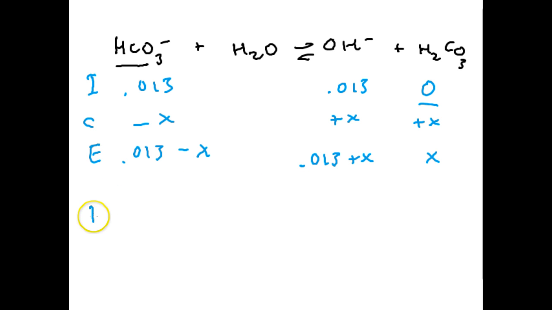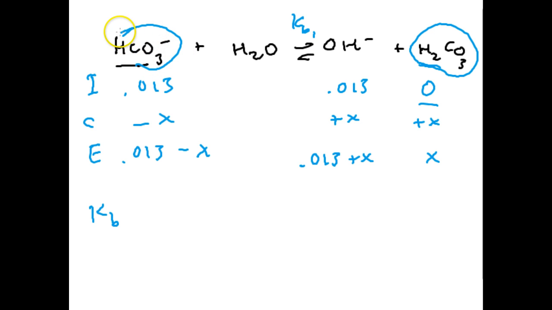We're going to need a Kb. Now the Kb here is Kb1, because the other one was Kb2, and there are only 2 Kb's because there are only 2 protons on this acid, carbonic acid. Carbonic acid's Ka1 was for the first proton of carbonic acid, H2CO3. The conjugate base of carbonic acid is HCO3 minus, so that matches the base in this base reaction.